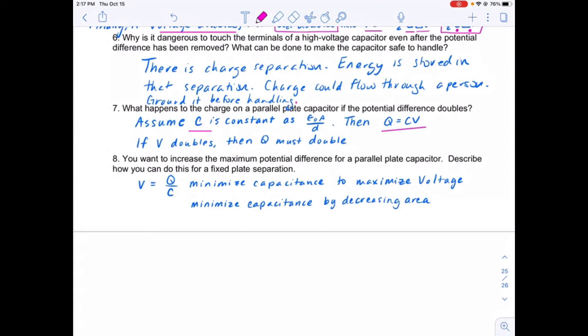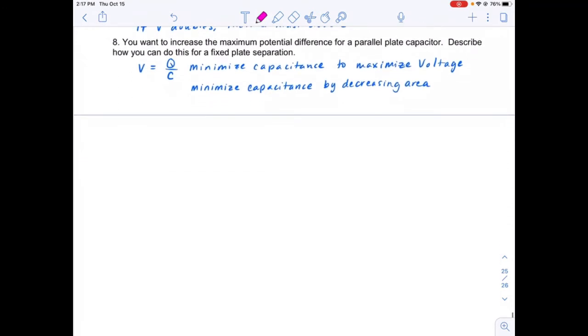Last one, number 8. You want to increase the maximum potential difference for a parallel plate capacitor. Describe how you can do this for a fixed plate separation. Assuming that we're not going to change d, we could minimize capacitance to maximize voltage.